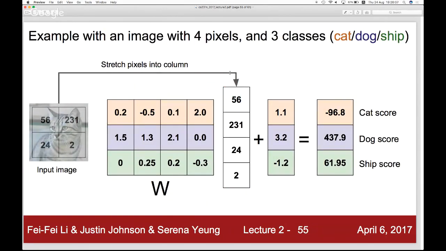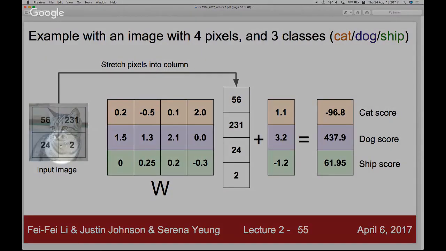It's really simple, actually. So let's pretend we have this image here on the left-hand side. We're going to play with an image that's only 4 pixels big. Basically what we're going to do is think of a matrix multiplication. So these are the W's that we've learned. We're not going to say how we learned them yet. Okay, let's say we can learn them.